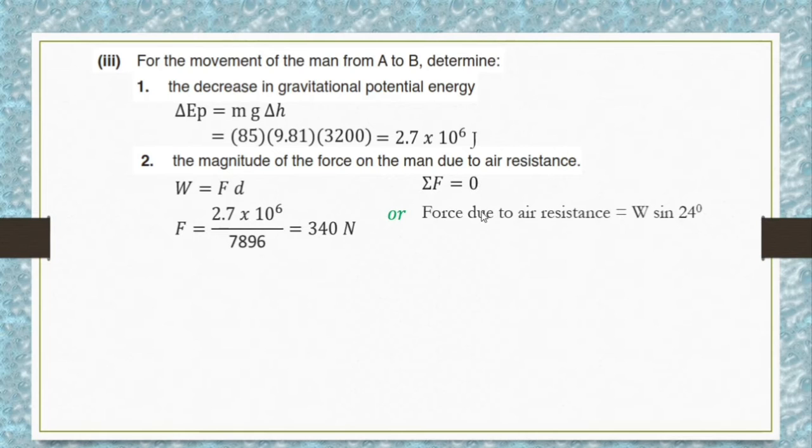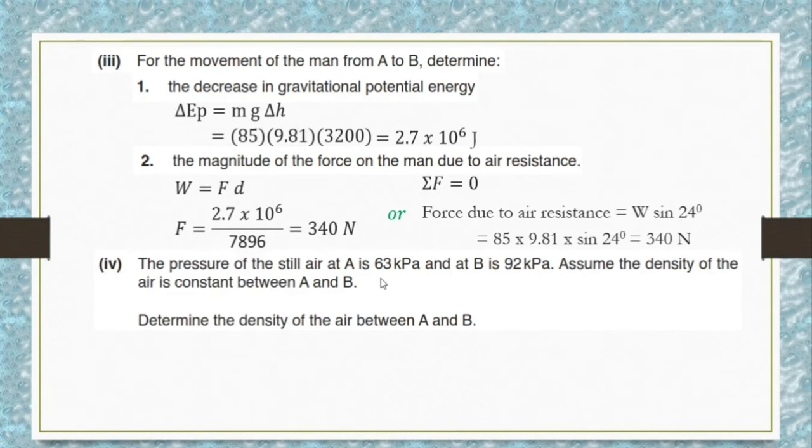So the force due to the air resistance will be equal to the horizontal component of weight, or weight times the sine of 24 degrees, as we see in the diagram before. So the force due to the air resistance is 85 multiplied by 9.81 multiplied by the sine of 24 degrees. It is equal to 340 Newton.